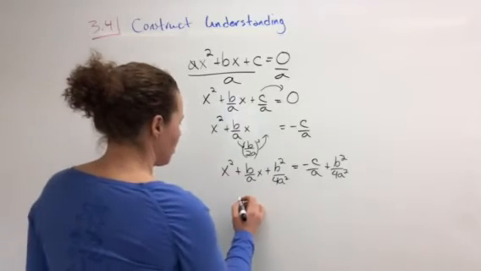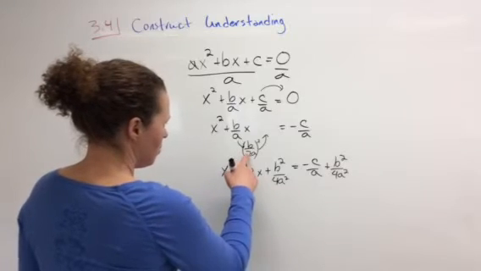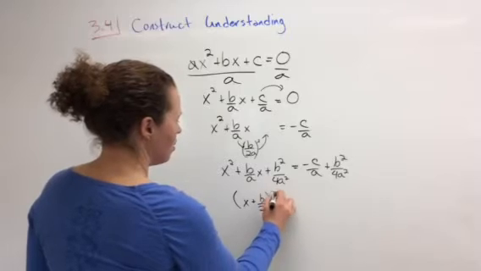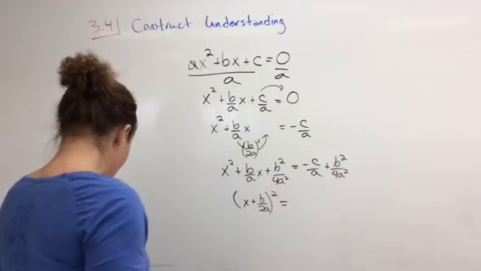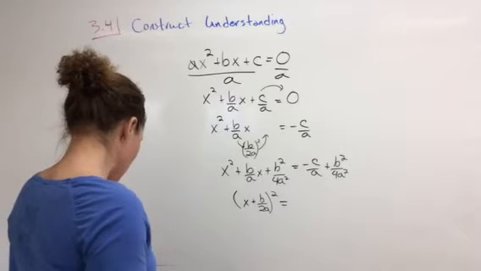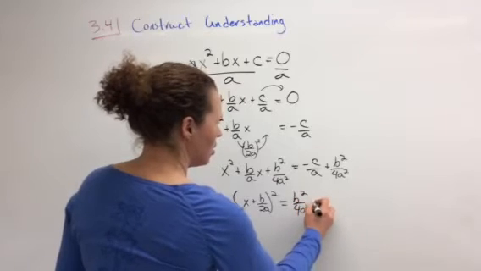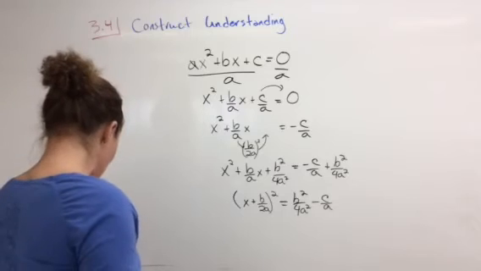Let's see, now I can write this side as x plus b over 2a all squared, and that side is kind of a mess. I can switch the order to make it a little simpler by putting the negative in between so it looks tidier like that.